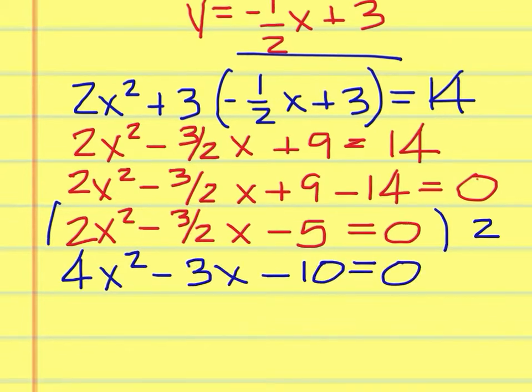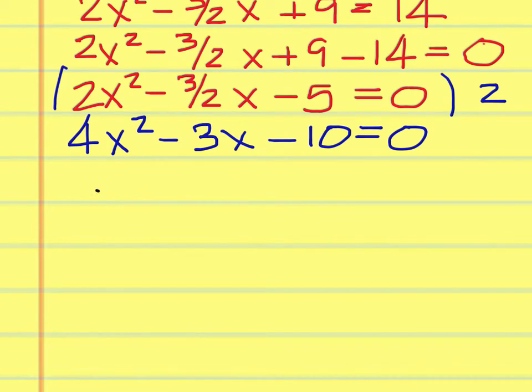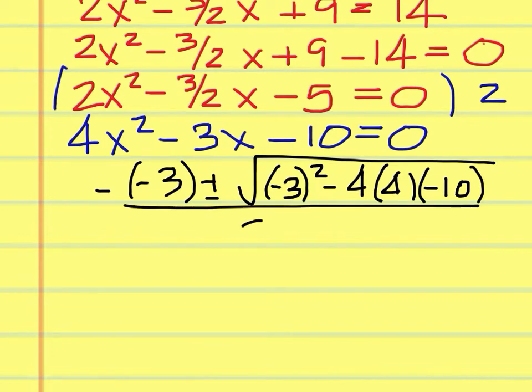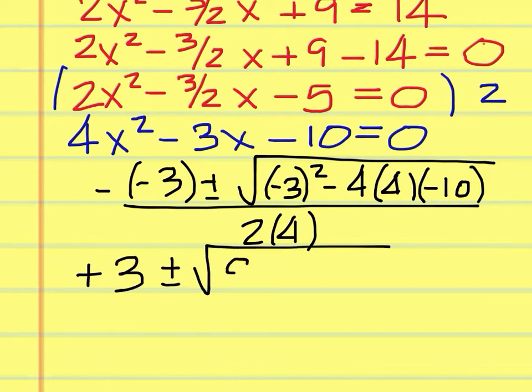And you can easily use the quadratic formula of negative negative 3 plus or minus the square root of the quantity negative 3 squared minus 4 times 4 times negative 10, all of that over 2 times 4. So that turns out to be a positive 3 at the beginning, plus or minus the square root of 9 plus 160.